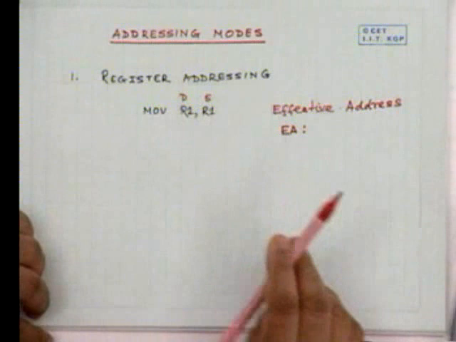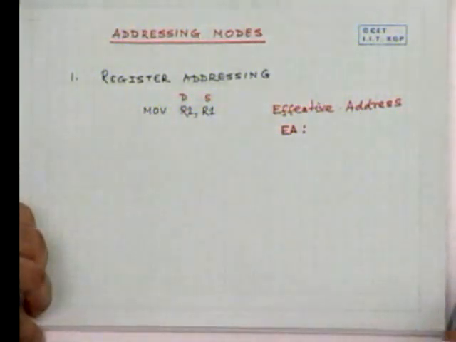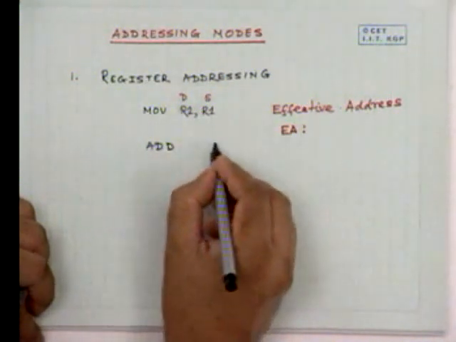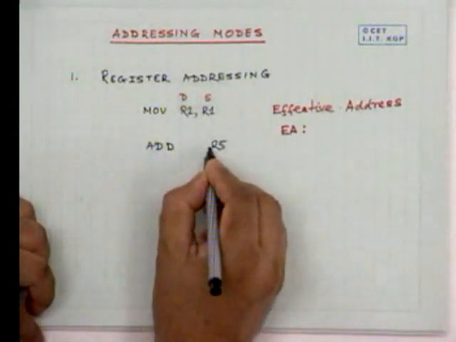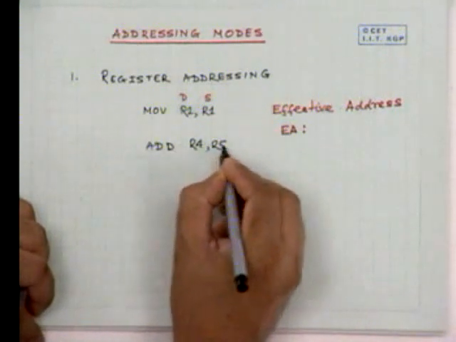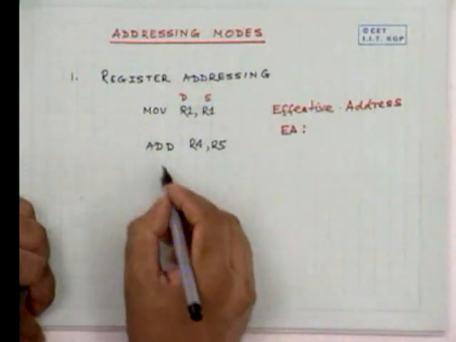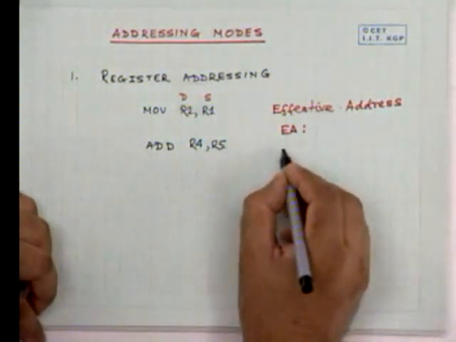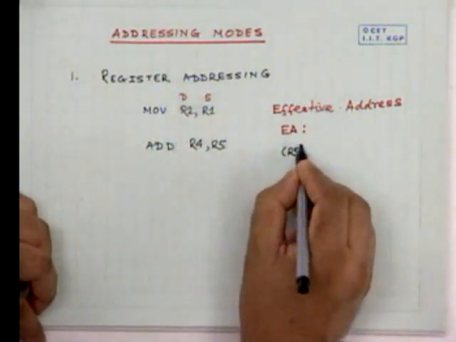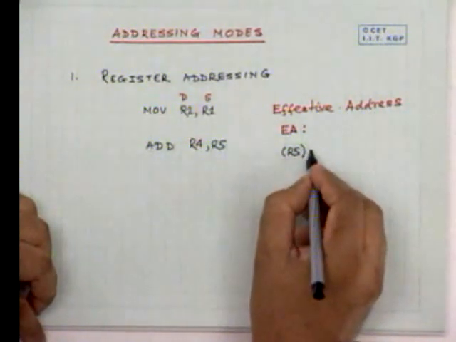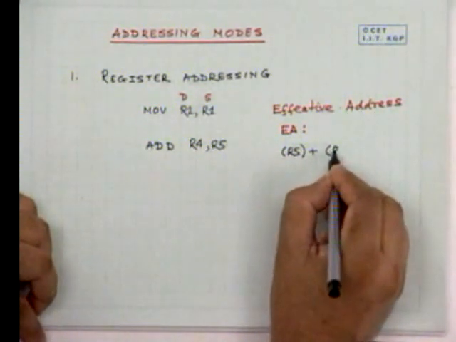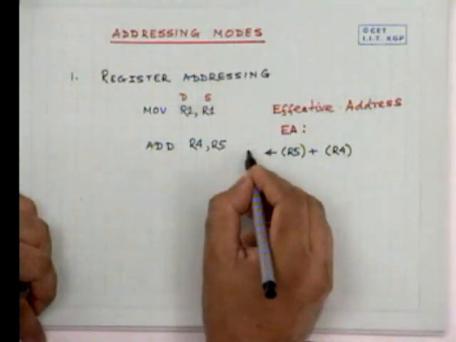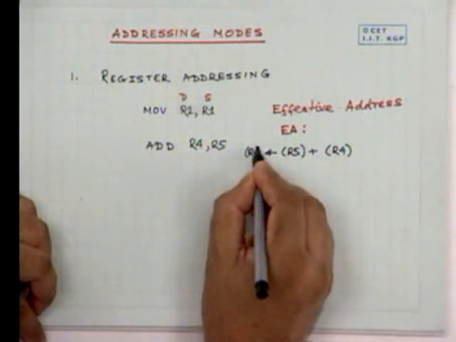Now similarly, we can have another instruction like, say, add R5, R4. This is the source and this is the destination. This means that the content of R5 is added to the content of R4 and the result goes as the content of R4.